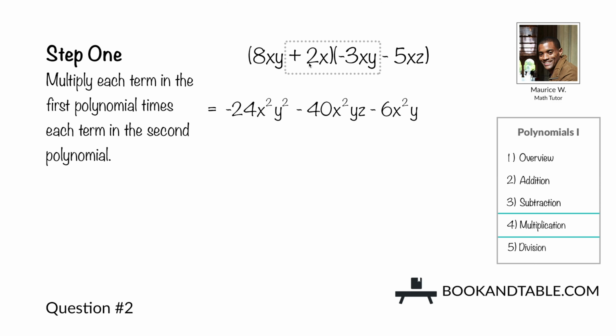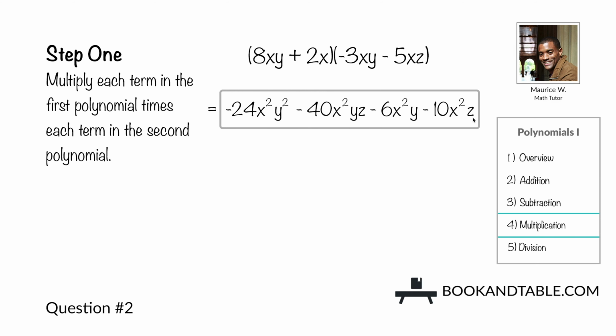And now we'll take 2x and multiply it times both terms, giving us 2x times negative 3xy, which is negative 6x squared y. And then we multiply 2x times negative 5xz, giving us negative 10x squared z.